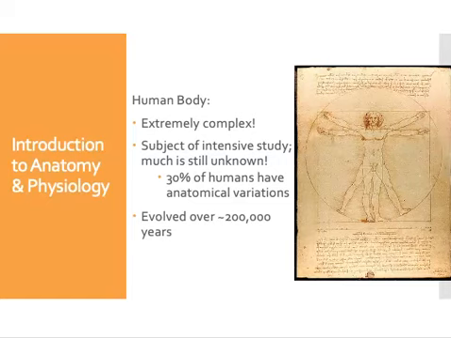These are just variant body parts that often don't cause the person any problems at all. Human beings have been evolving over the last 200,000 plus years, and we continue to evolve. And our anatomy and our physiology change throughout that evolution.